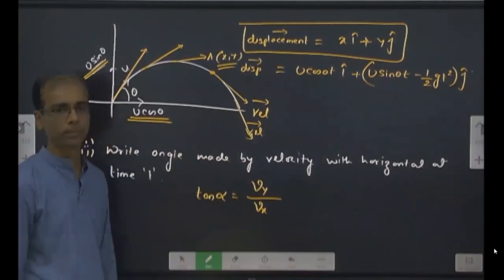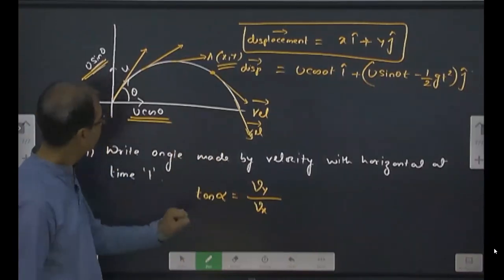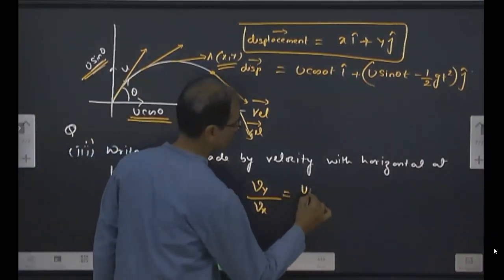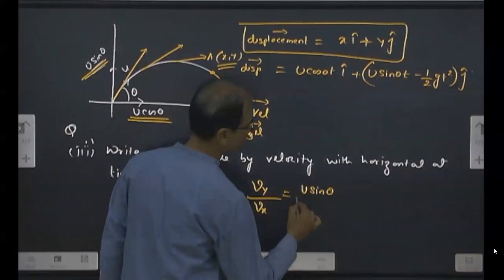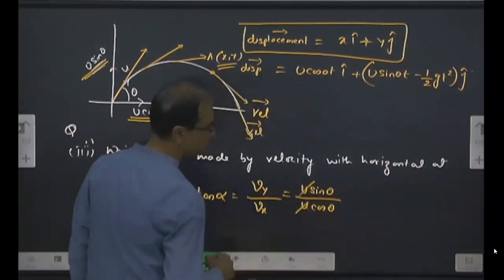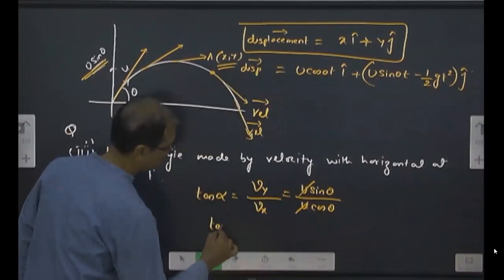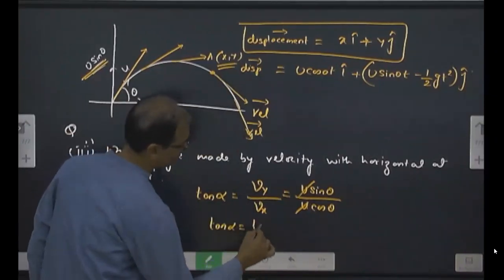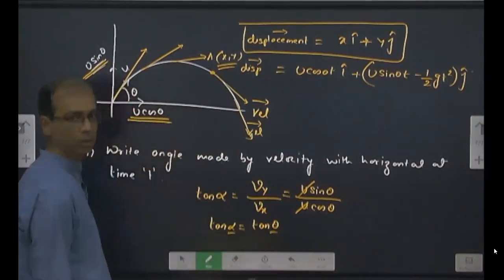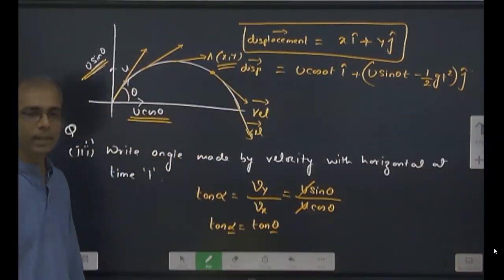That is the formula. Vertical component is u sin theta and horizontal component is u cos theta. This and this get cancelled. So tan alpha is tan theta. That means alpha equal to theta, the angle of projection.